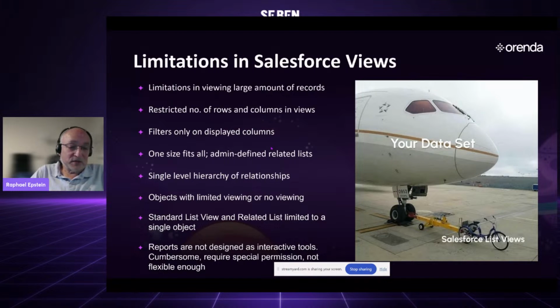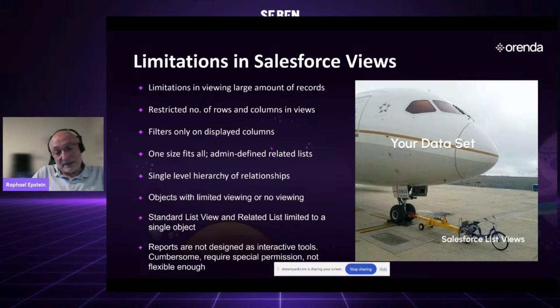And sometimes objects don't have any way of viewing them, or have limited viewing, or since they are not customizable, you can't really do, let's say, calculated fields or formula fields, because you cannot customize it. It's really a big issue.